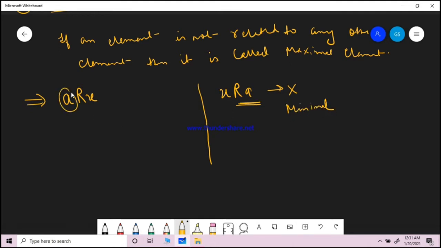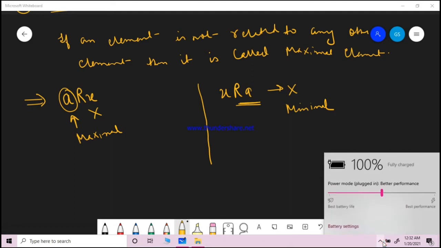If A never appears in the left hand side, this condition is never true for A, then A is maximal.